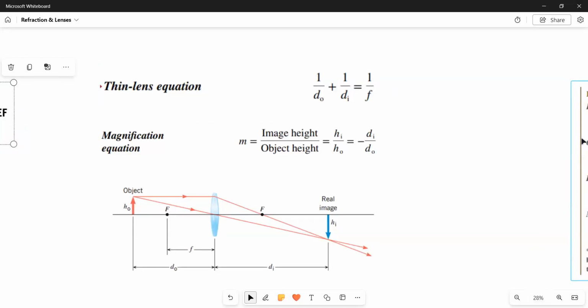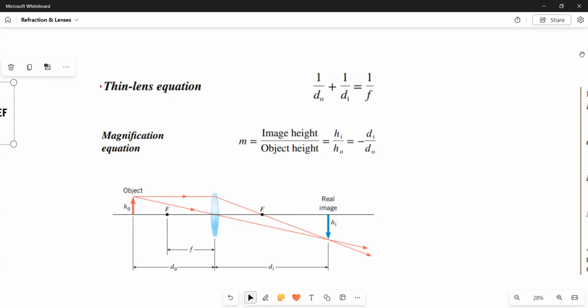They're calling it the thin lens equation, because when the lens is no longer thin, because of the properties of glass and the dynamics of light, the equation might not hold. When the lens is thin, the equation holds. So this is the lens equation: 1 over d_o, the object distance, plus 1 over d_i, the image distance, equals 1 over f, which is the focal length of the lens.